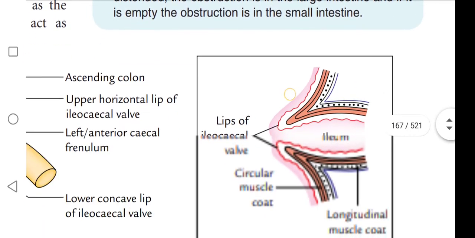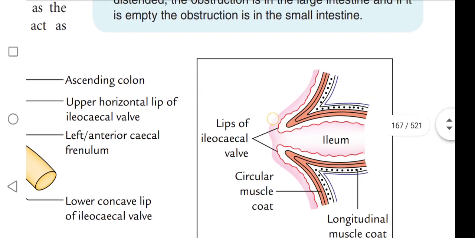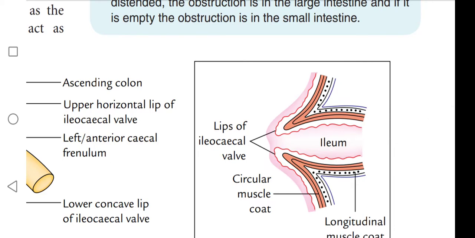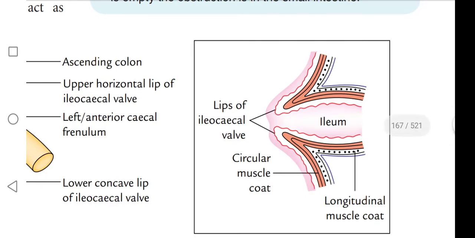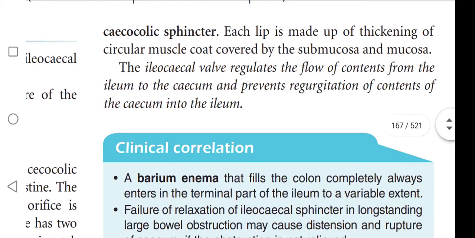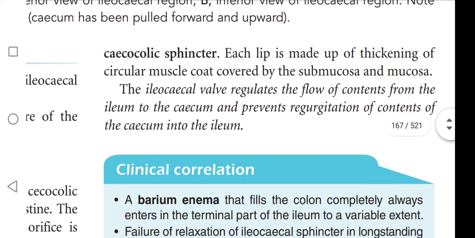The ileocecal valve regulates the flow of contents from the ileum to the cecum and prevents regurgitation of contents from the cecum into the ileum.